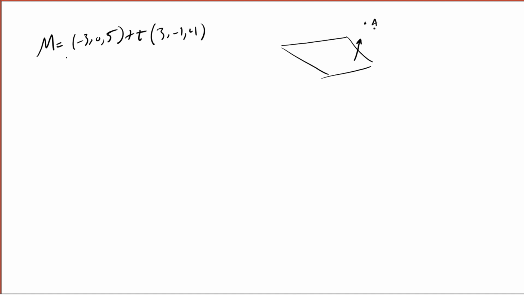Okay, and it says determine the parametric equation, so I write this as x of t is 3t minus 3, y of t is minus t, and z of t is 4t plus 5.